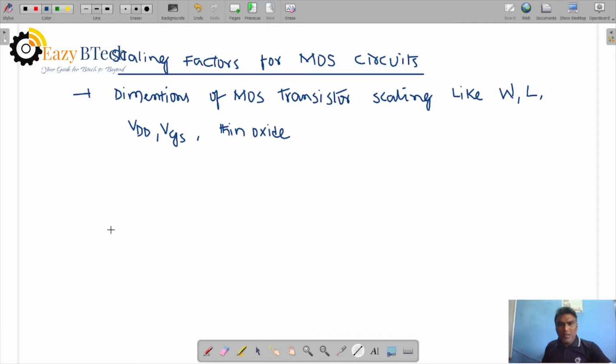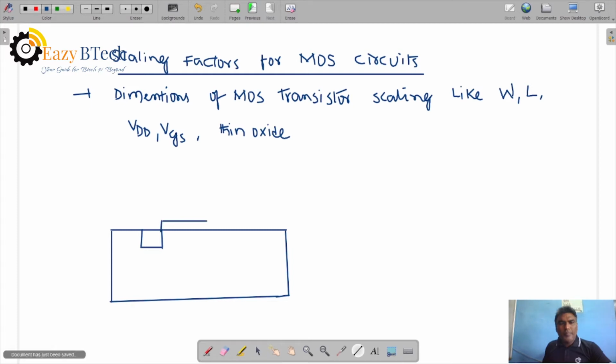Let us see this diagram. This is a MOS transistor. And we have diffusion. This one is a diffusion. SiO2 layer. After that we have a polysilicon.